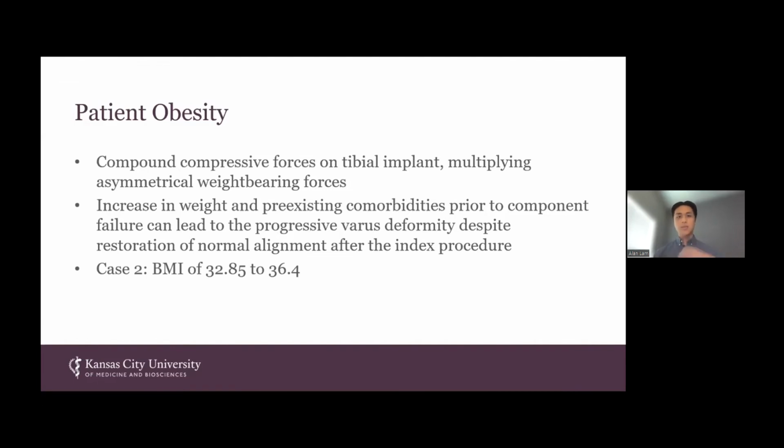This only compounds some of those compressive forces that you have on the tibial implant and multiplies some of the asymmetrical forces that you see running through the medial portion of the knee. Given that there was an eventual regression back to a varus deformity, that makes the medial forces worse on that knee. I actually have a nice figure that can illustrate this well in the next slide here.